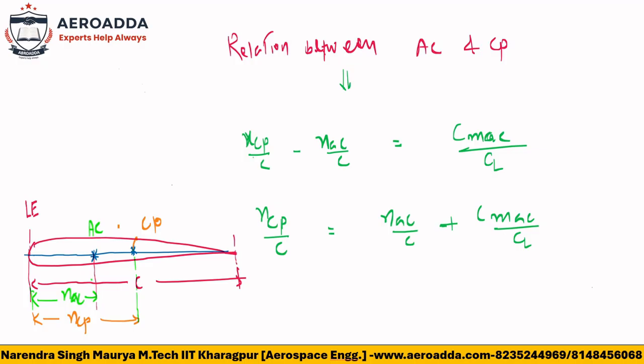Because the aerodynamic center is not going to change with angle of attack. It is almost fixed, and it is almost 25% of chord, C by 4 distance. But the center of pressure is always changing with angle of attack. So there will be a certain angle of attack where AC and CP can coincide.